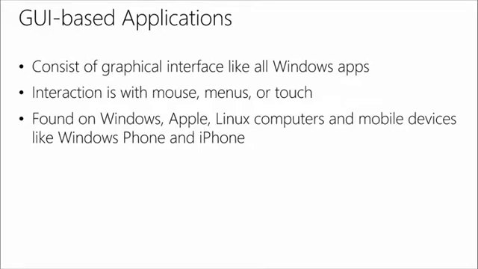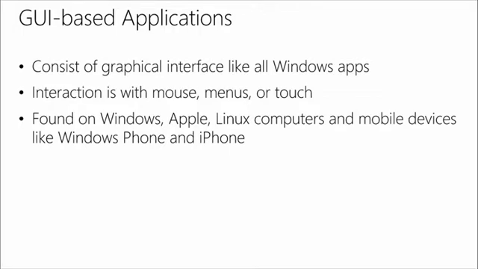Some of those, as we look on our slide here, are that they consist of a graphical interface. So think of all of the Windows applications that you interact with on a day-to-day basis: Microsoft Word, PowerPoint, Excel, or even Internet Explorer, Firefox, the web browsers. Even though they're viewing web apps, they are still a desktop application. They're still a graphical user interface application.